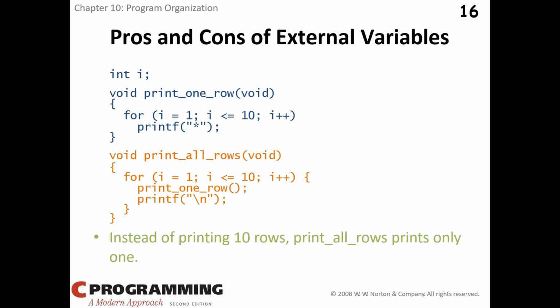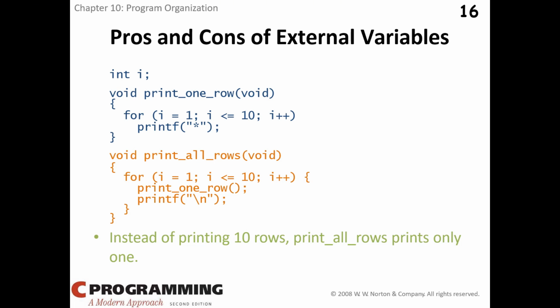Now let's see this example code intended to display a 10 by 10 arrangement of asterisks. The code defines a variable i outside any function, making it an external variable. The two functions, print_one_row and print_all_rows, are then used to print the rows of asterisks. However, there's a problem in the implementation.